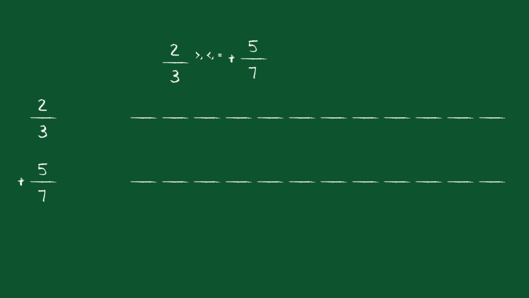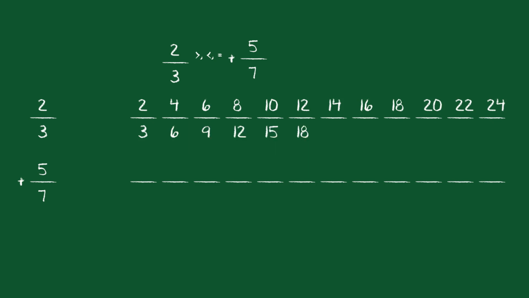So 2/3 and 5/7. The 2: 2, 4, 6, 8, 10, 12, 14, 16, 18, 20, 22, 24. The 3: 3, 6, 9, 12, 15, 18, 21, 24, 27, 30, 33, 36.